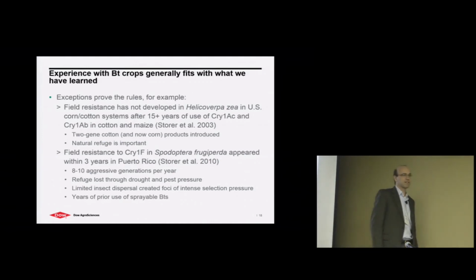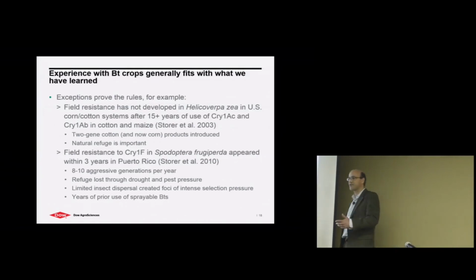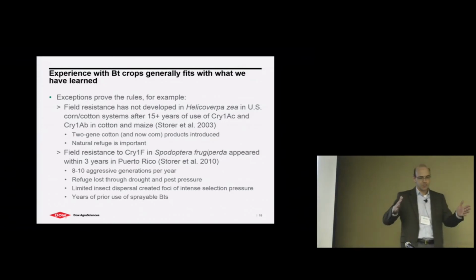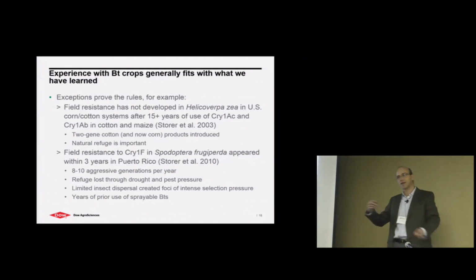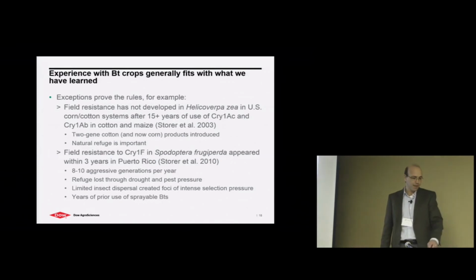There was no refuge left for the insects to lay eggs in, even if they weren't repelled from it. So the refuge strategy was not a durable strategy there. And then there was the geography of Puerto Rico, with the mountains and the ocean, which is very different from the Midwest that everybody was thinking about before.